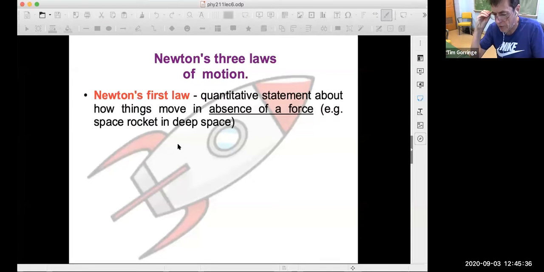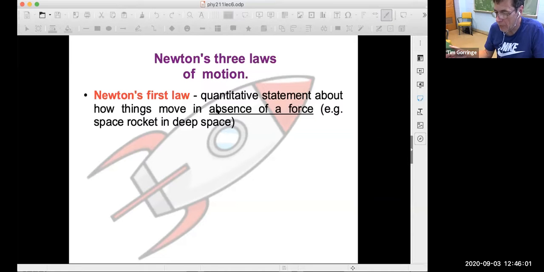So the first of the 3 laws is an interesting one, and it's a quantitative statement describing how things move when there is no force acting on the object. Newton's laws first tell you what happens when there is no force acting on an object.